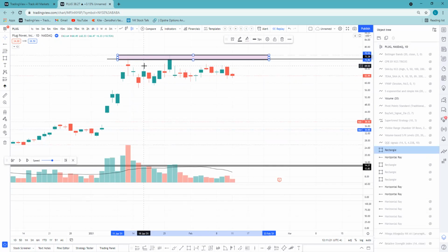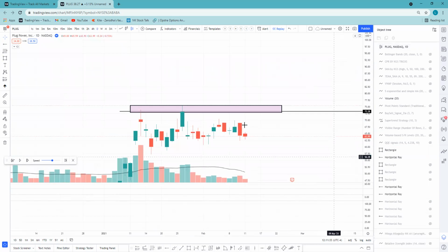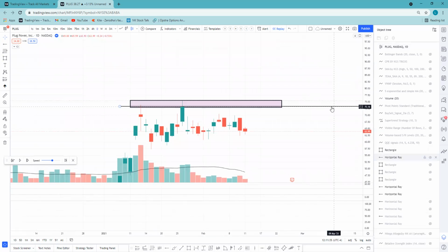Most of the time I give preference to both. Wherever I get the areas that define it, where I get the most touches, that's where I put my lines. So here I get two lines. I'm just going to remove this one.